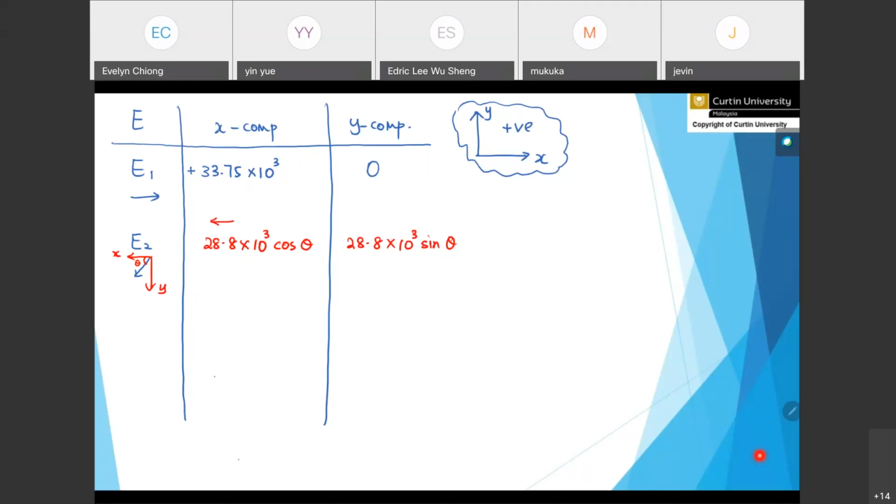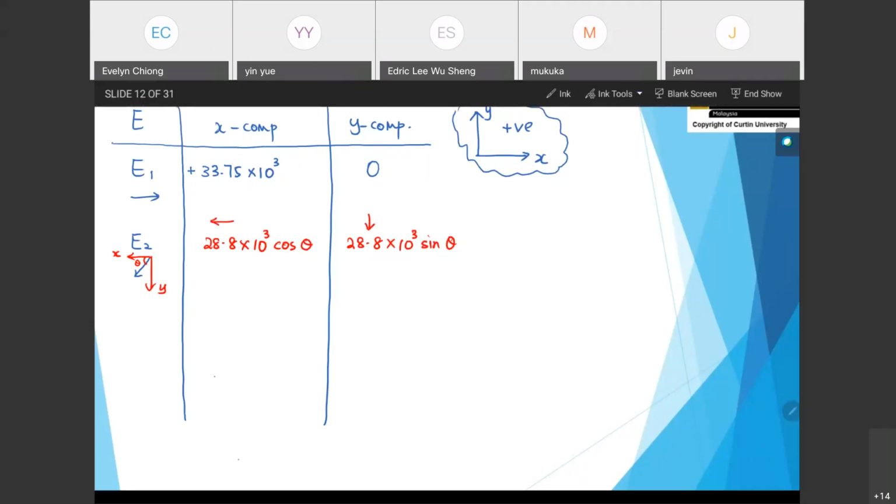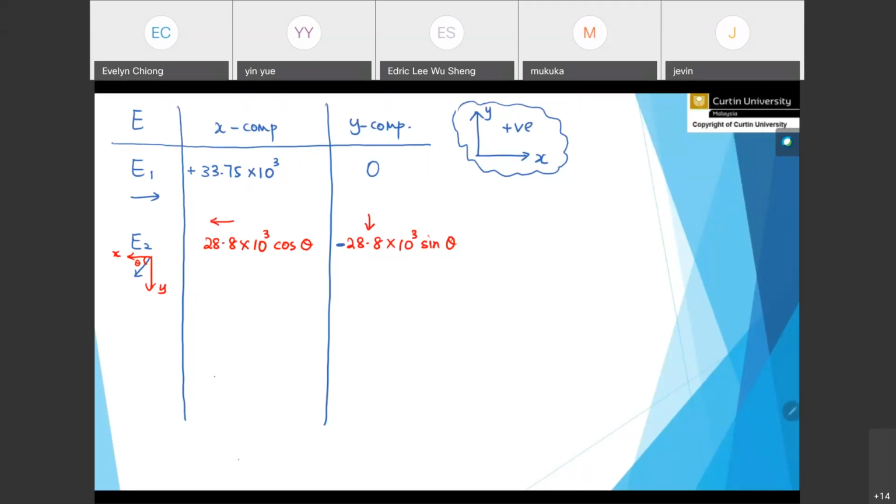The y is pointing downward. It is opposite to what I have indicated as my direction. Look at the one in the curvy circle. Y upward is positive, so that is why I have to put a negative, and this one I also put a negative here.